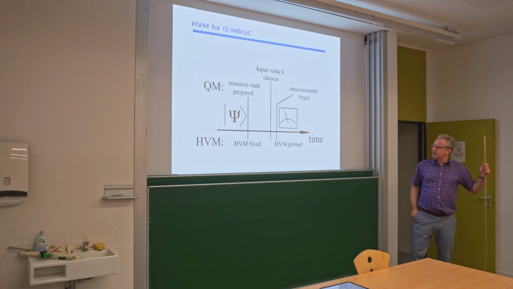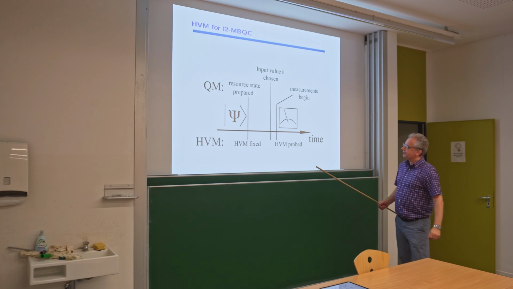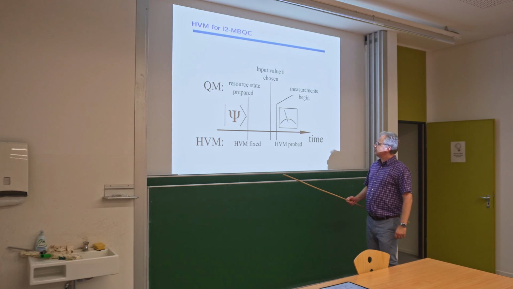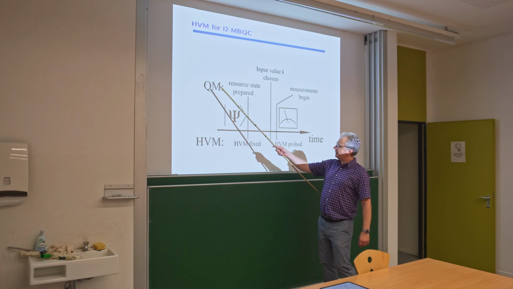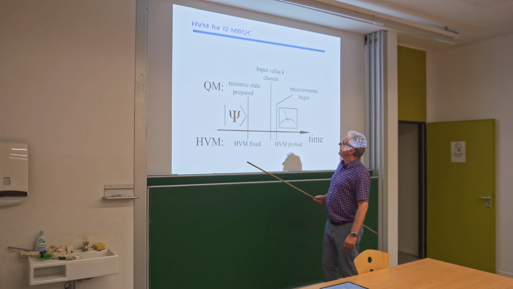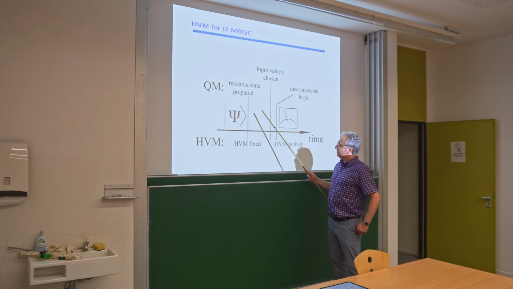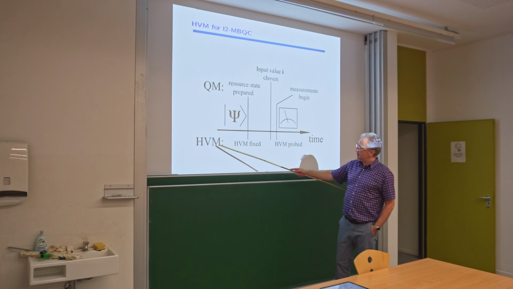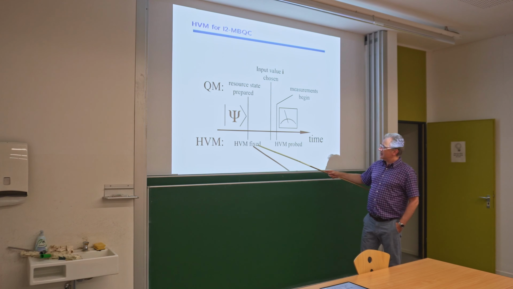So why can we have communication in our scenario? Here we define the scenario. This is the time axis running from left to right, with the beginning of time somewhere over here. Then some quantum state is prepared at the beginning. From the hidden variable model perspective, we say that a value assignment is fixed.